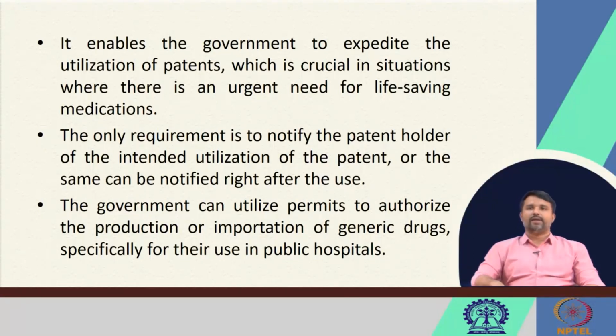So, think of a scenario where there is a pandemic and there is an urgent need for life-saving medications. So, in such scenarios, getting a license from the patentee may not be feasible or may not be affordable for the government. So, in such cases, governments can utilize this provision and ensure that the drug is available to the needy at a very cheap price.